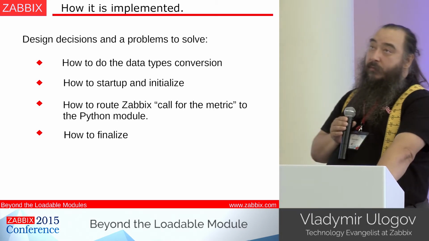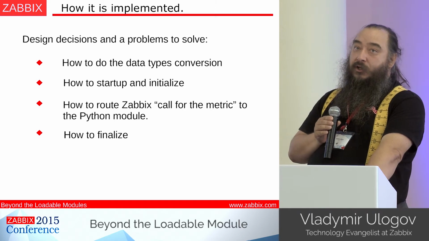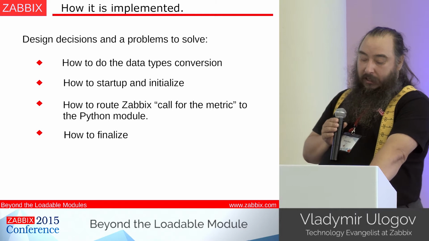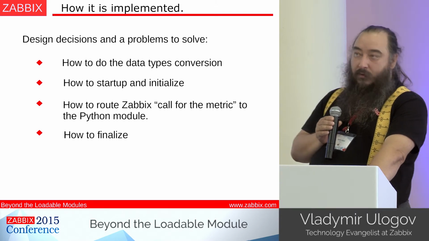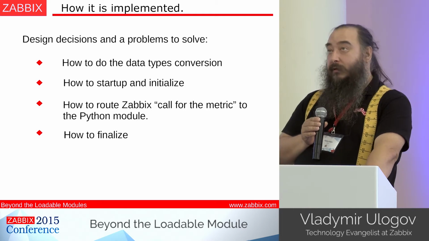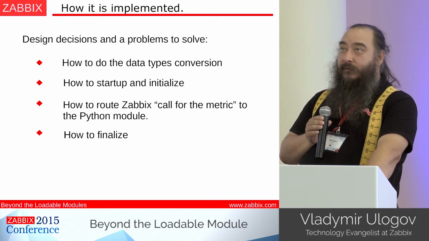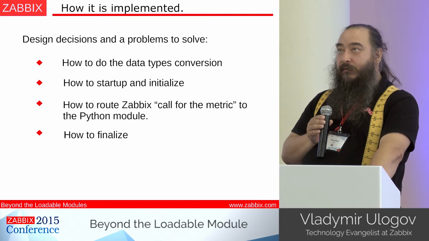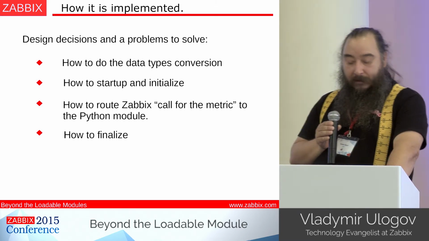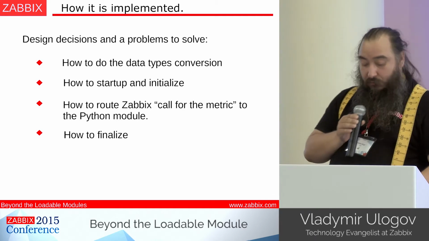The second problem is how to initialize and deinitialize the interpreter inside your code. Third problem is how to route the call from Zabbix to your function or to your object written in Python. And yes, how to finalize.